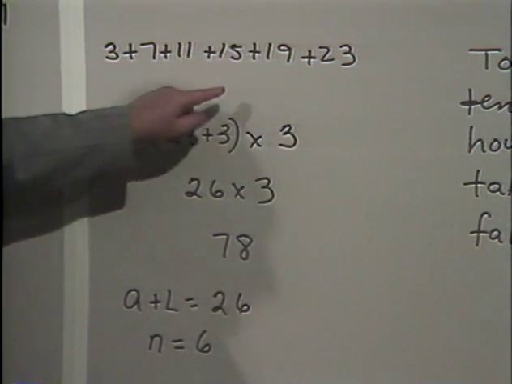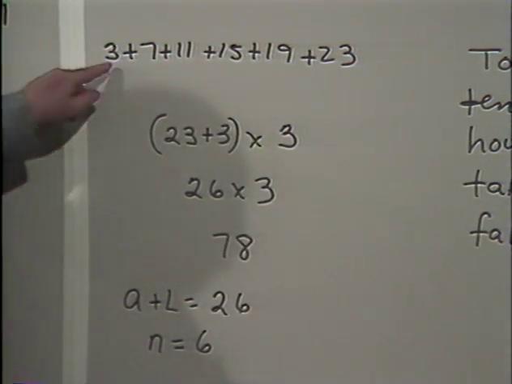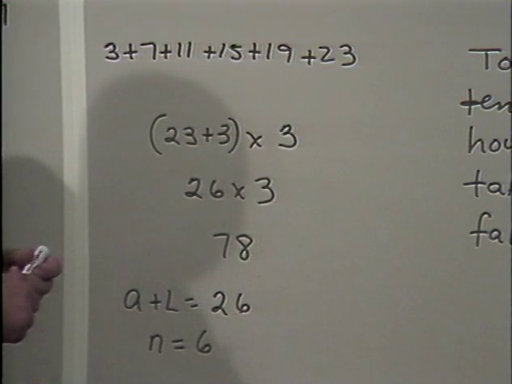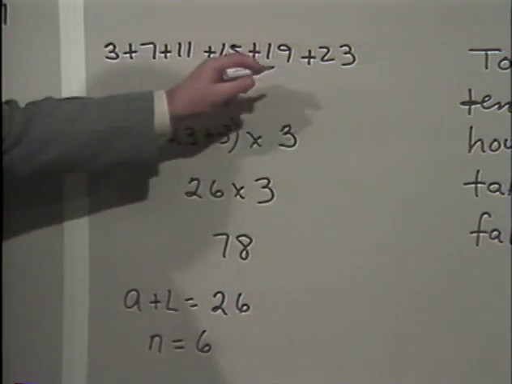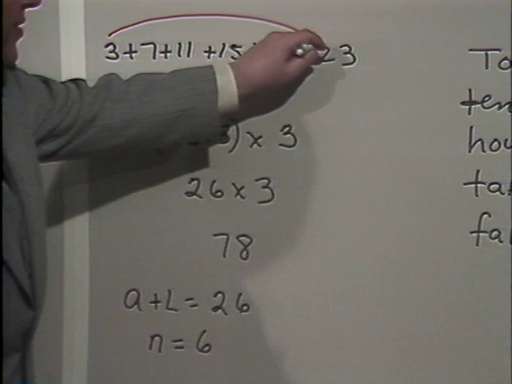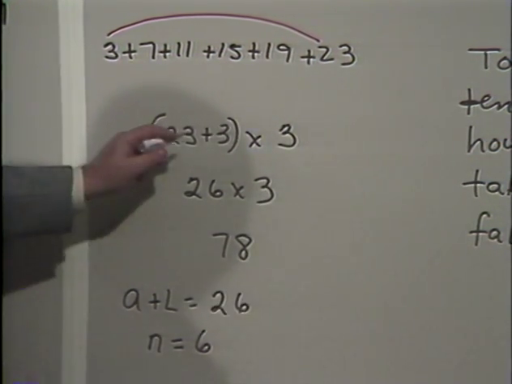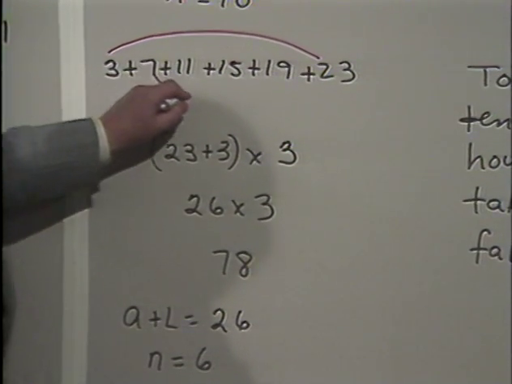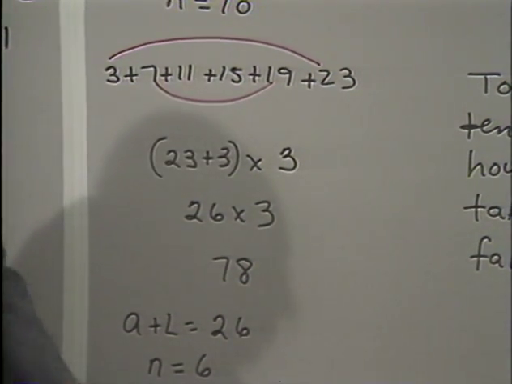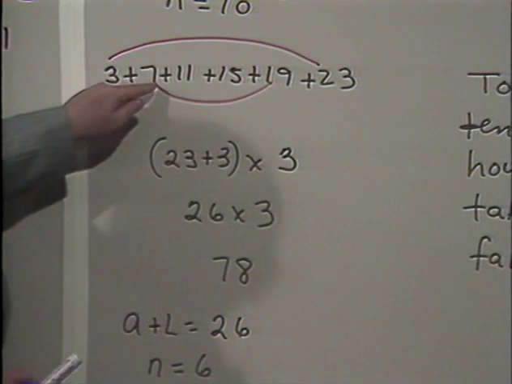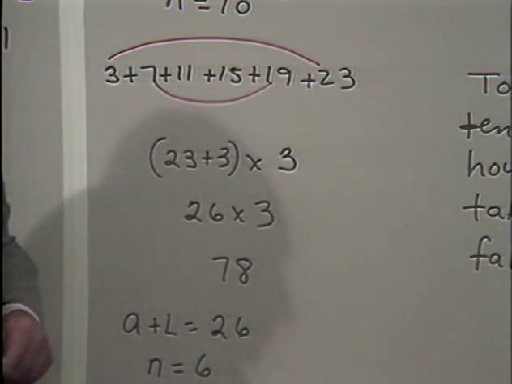In going from 11 to 15, I add on 4, right? So I'm adding on 4 each time. What that means is, to add up these numbers, I look at the first and the last. That adds up to what? 26, doesn't it? 23 plus 3 is 26. What are these 2 numbers going to add up to? Also 26, because this increased by 4, this decreased by 4.